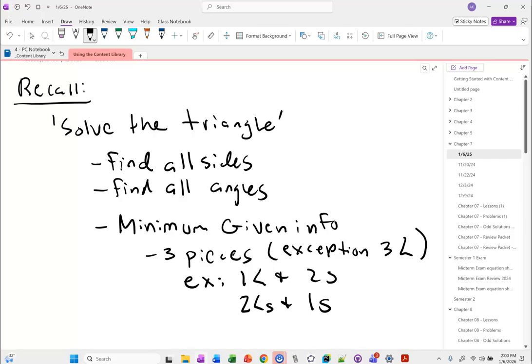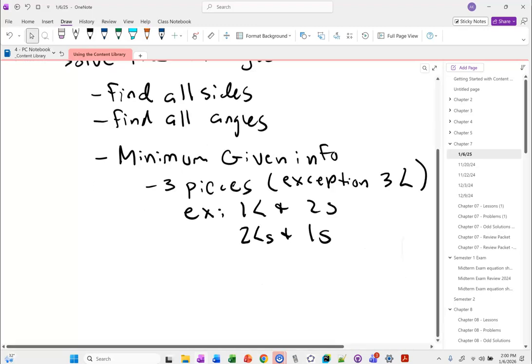They have different proportions but have the exact same shape. Does that make sense? Remember that from geometry? Okay, so that's no dice. Three angles isn't going to get you anywhere. You can't find the side lengths from that. But if you're given three of anything else, two sides and an angle, three sides, two angles and a side, one angle and two sides, all of that's enough to solve your triangle.